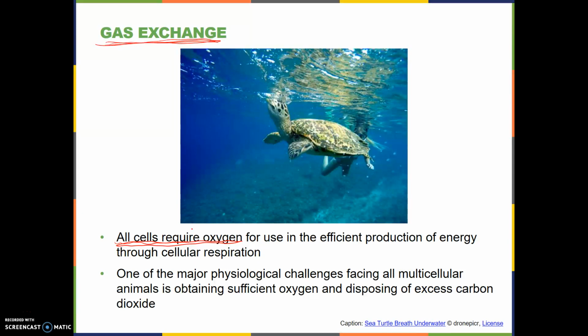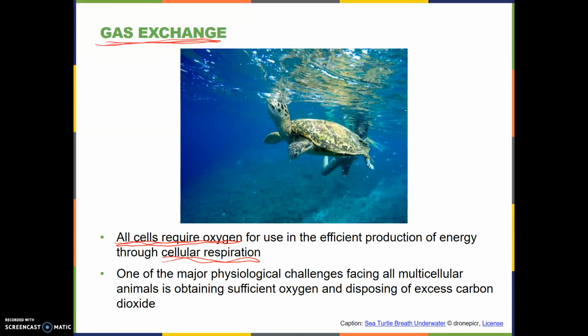Oxygen is needed to break down glucose to produce ATP. That is cellular respiration. But we produce carbon dioxide as a byproduct of that, and carbon dioxide, when it builds up in our tissues or in our cells, is toxic.